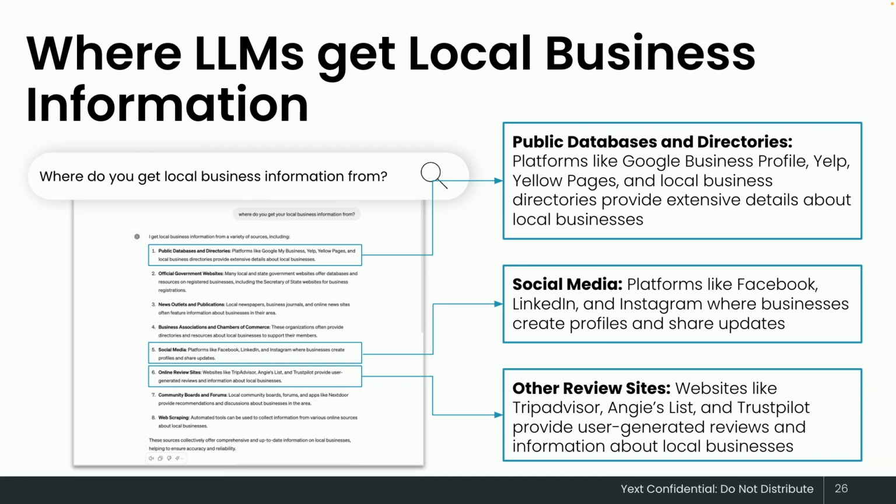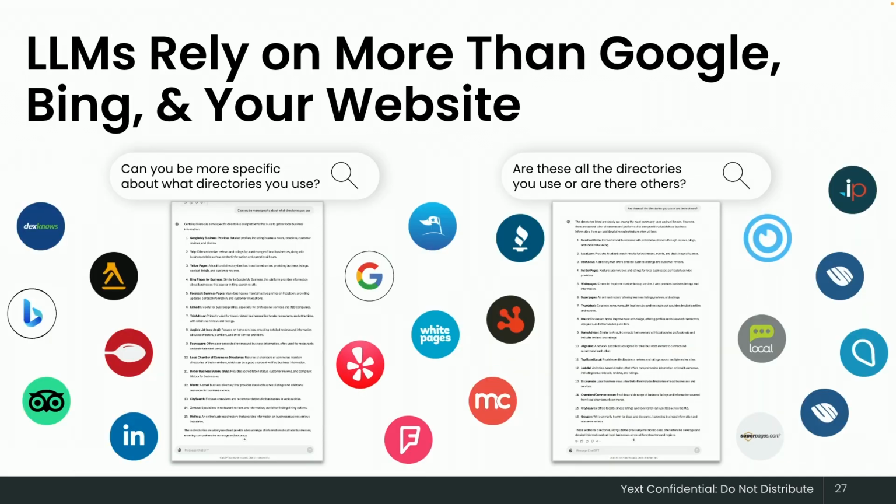And yes, they list off some publishers. But when we asked this large language model to be more specific about which directories it uses as a follow-up question, as you'd expect, yes, they listed off Google, Bing, Yelp, and a few others. But they also specifically called out smaller and less prominent sites like Merchant Circle, Insider Pages, City Search, Hot Frog, and Super Pages.